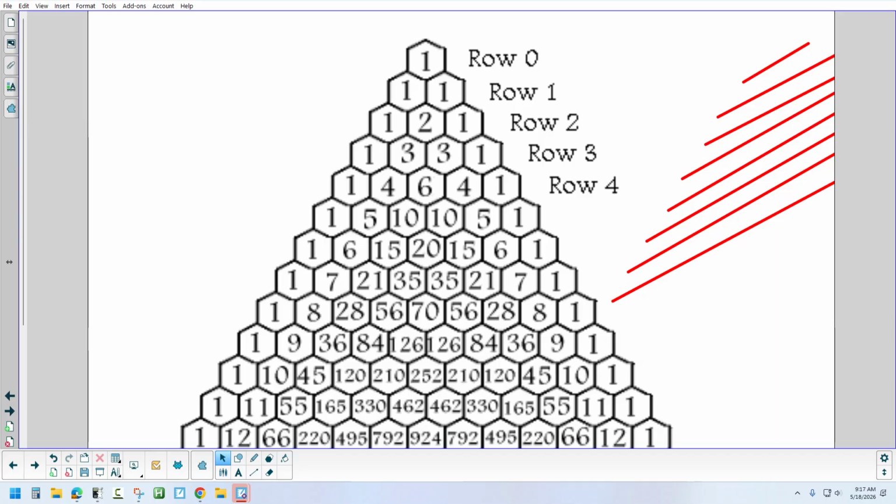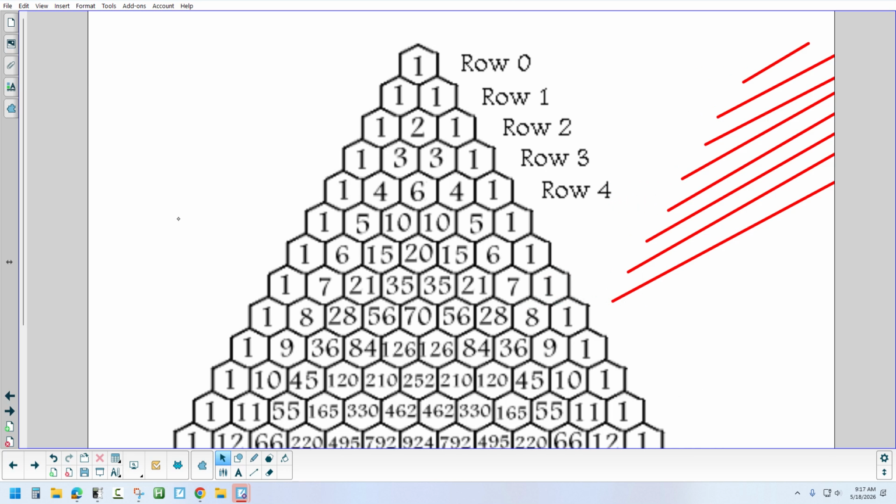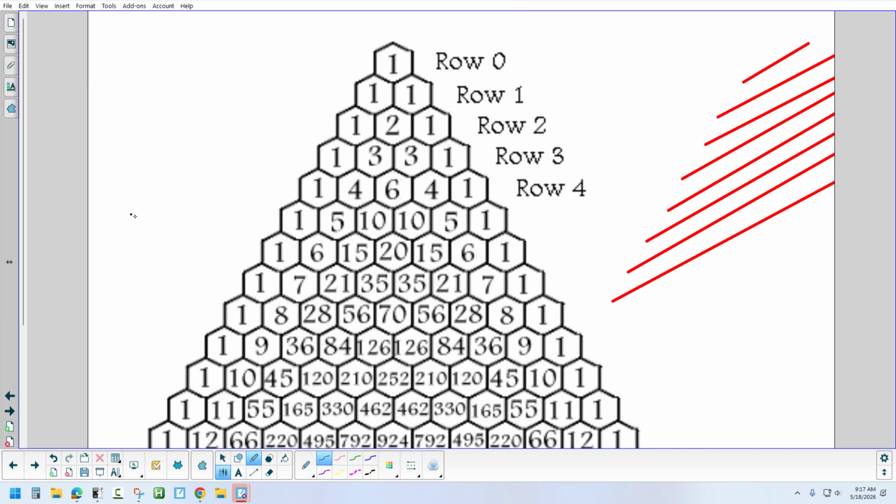If you look at a row that has a prime number, like row 5, this is row 5. What do you notice about all the numbers in row 5 that are in the middle? There's always ones going down the outside edges. But what do you notice about all the numbers in the middle of the row?